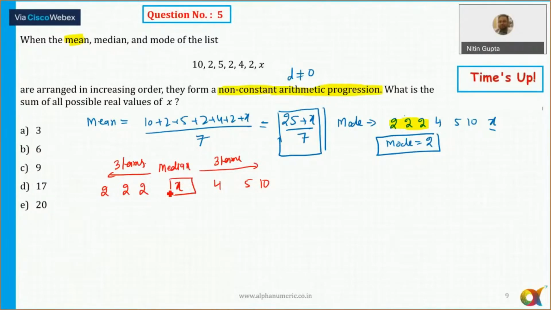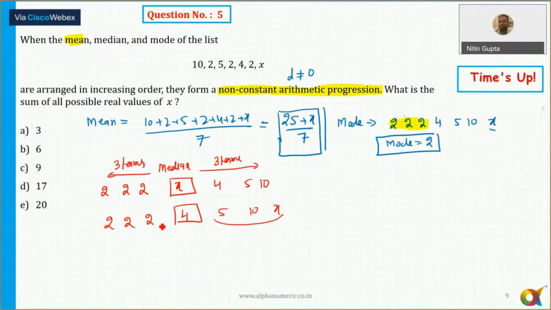Now, can 4 also be the median? Yes, 4 can also be the median. So I can say this is the term 4, and before that there are 3 terms, 2, 2, 2, and after that the numbers are 5, 10, and x. I can rearrange them, like 5, x, 10 or x, 5, 10, but in that case 4 is the middle term, and the 3 terms after 4 are 5, 10, x.